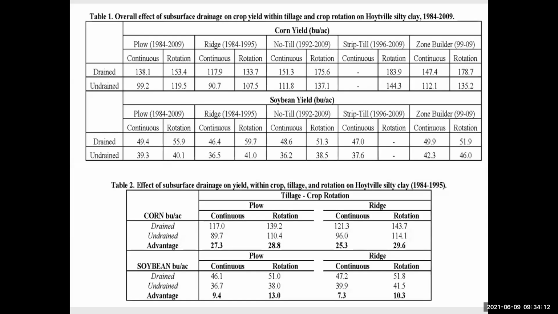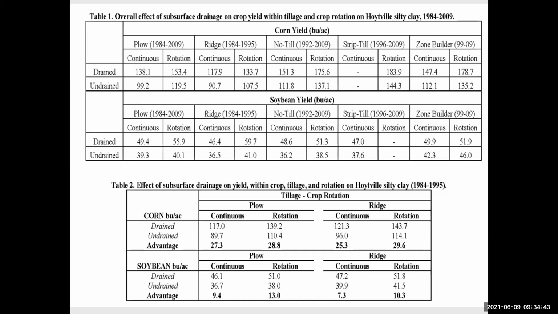Okay. Now, I mentioned that we did some work, took over some plots that were up at the Northwest branch, and we had two periods of time where we ran studies. Now, the very top table shows the number of tillage systems that we evaluated at this site.